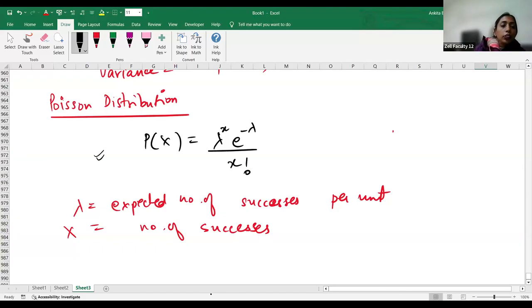This is the probability distribution for a Poisson distribution.